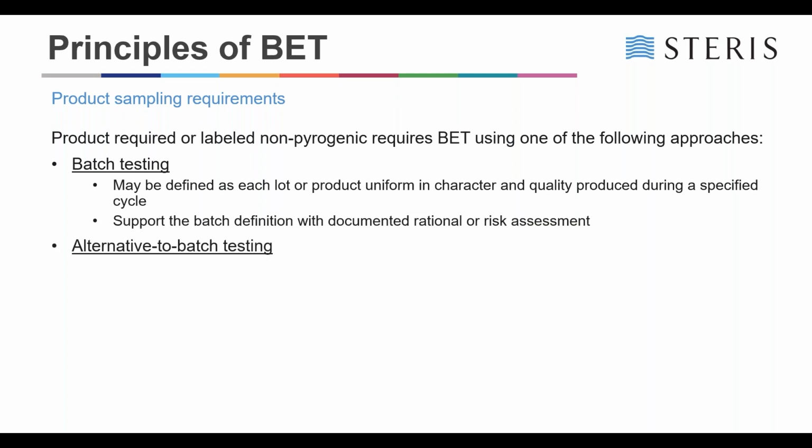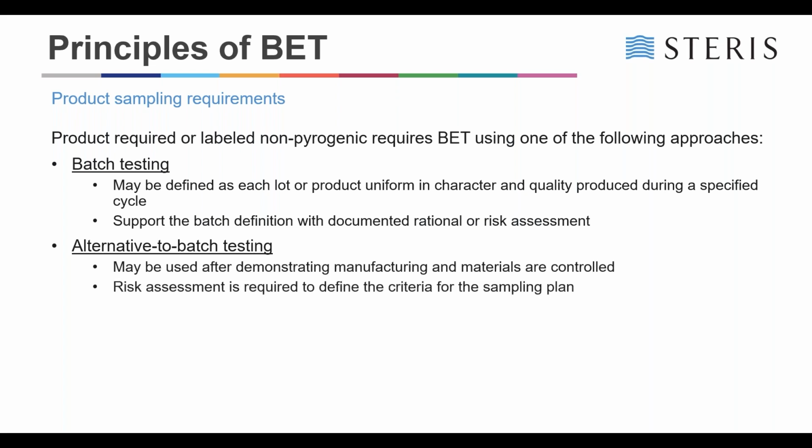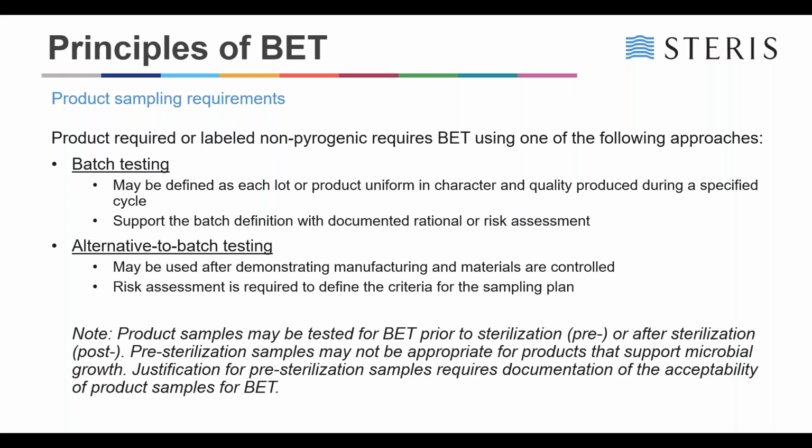The second approach here is an alternative to batch testing. In this case, alternatives to batch testing would be used after demonstrating control of materials or the production process. In both cases, we'd be looking for a sampling plan that would be supported by an appropriate risk document to define when sampling should occur and how it should occur.